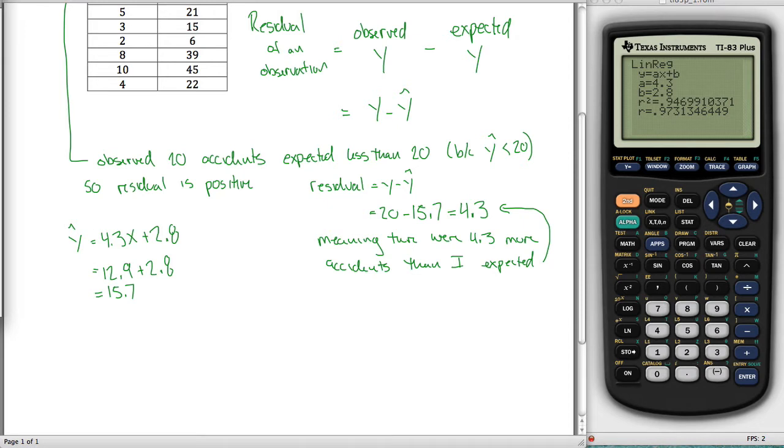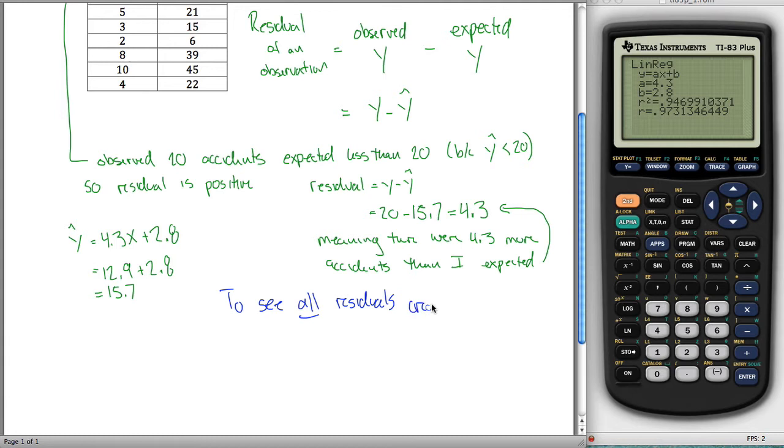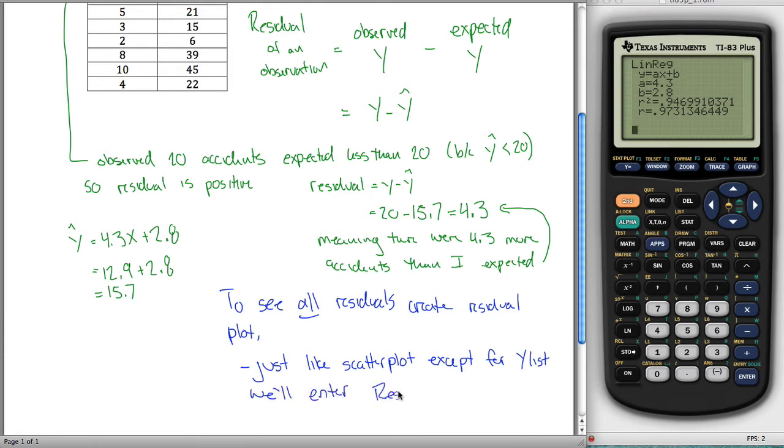If you want to see all of your residuals, the residual of each of these observations, we can create a residual plot. And the nice thing is the way you do it is just like a scatter plot, except for our y list, we're going to enter resid.